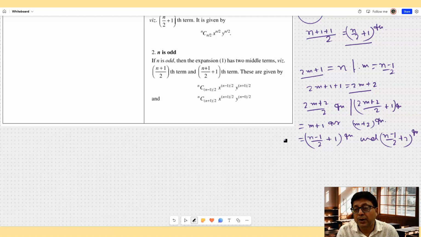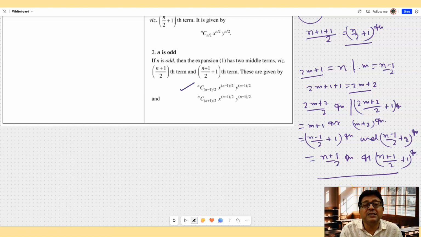Okay. On simplification, this will tell you n plus 1 by 2th term and n plus 1 by 2 plus 1th term. So these two middle terms are given by this and this by using nCr x to the power n minus r, y to the power r.